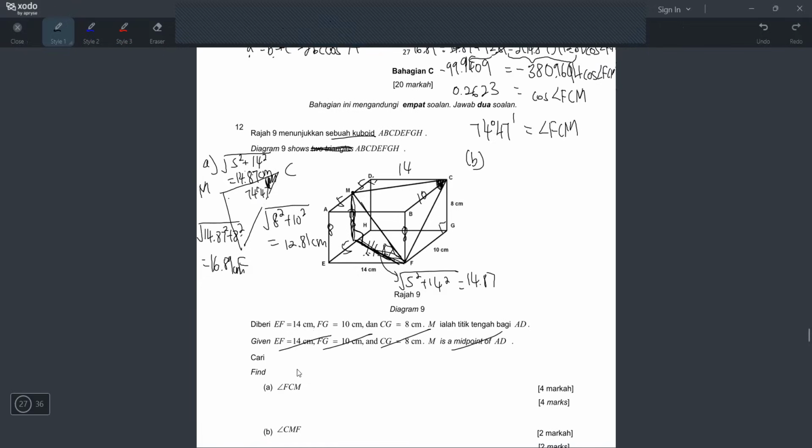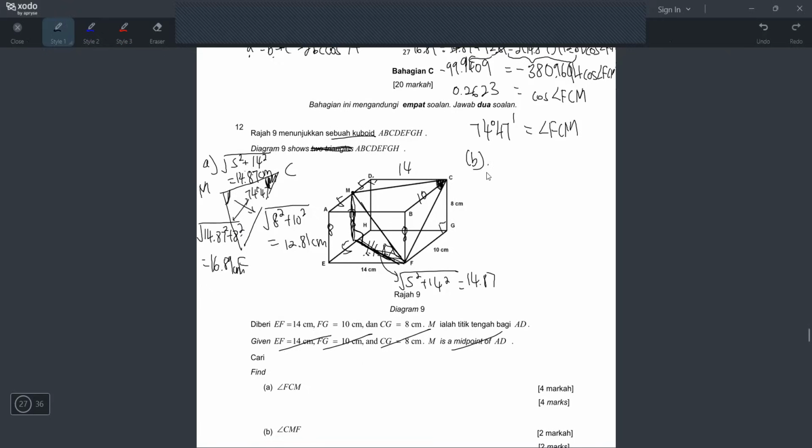And now if you want to find CMF, which is here, it's quite easy actually because you can use the sine rule this time. Of course, you can use the cosine rule also, but then you will make this the A and use this formula again. But there is an easier way. When you use the sine rule, you need the opposite of what you want, and you need a complete pair. Now you already have a complete pair here, and you also have the opposite of what you want.